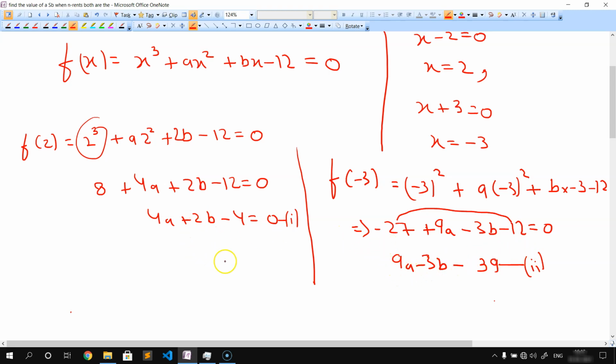From equation 1, we can see that 2 is common, so we can write it as 2a plus b minus 2 equals 0. From equation 2, 3 is common, so we can write it as 3a minus b minus 39 equals 0.